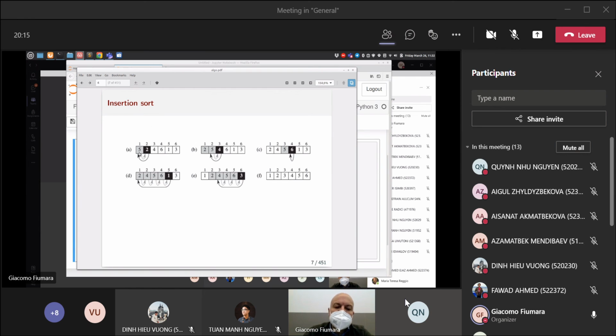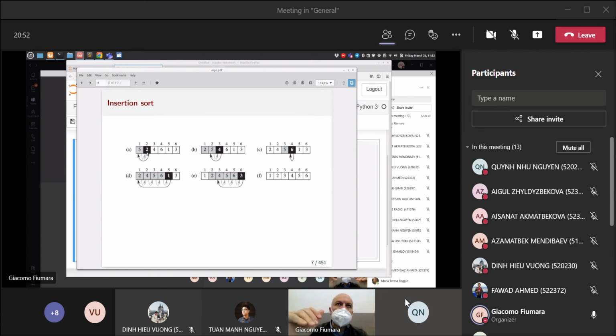We first compare the number in position 1 with the number in position 2. If the number in position 1 is smaller than the number in position 2, we change nothing.